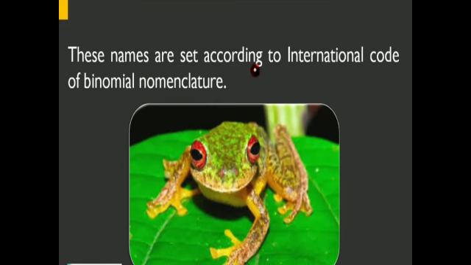These names are set according to the International Code of Binomial Nomenclature. Suppose this is the figure of a frog. What is the binomial nomenclature given to it? It is Rana tigrina. Rana is the name of the genus. It is the first name.